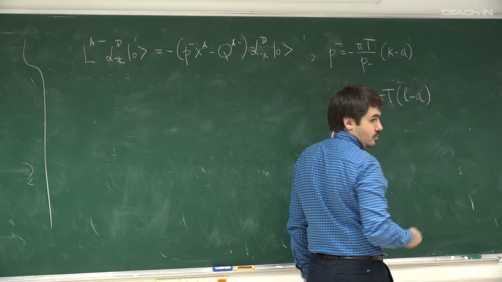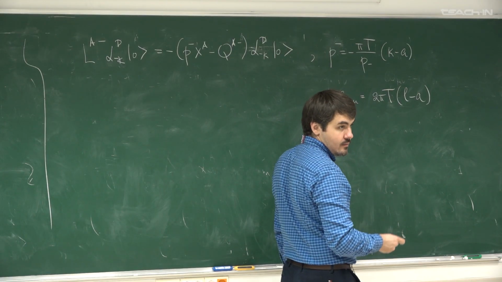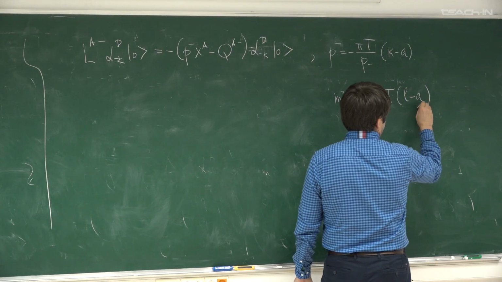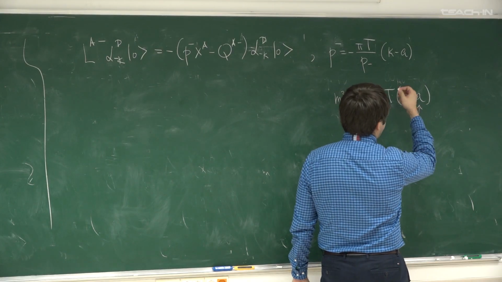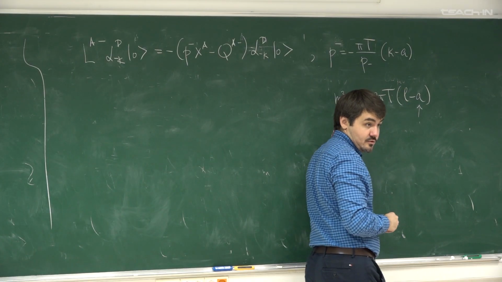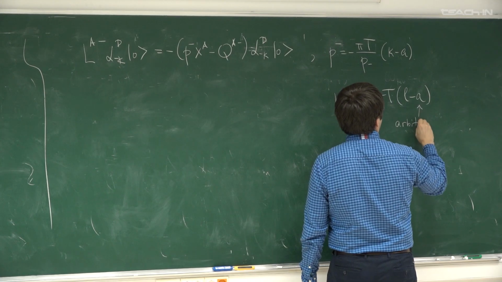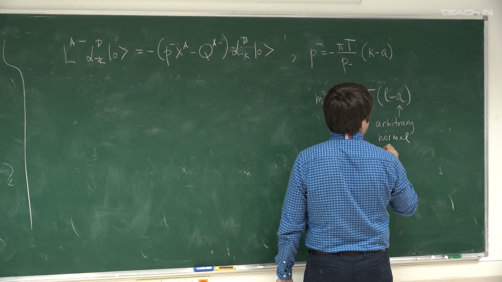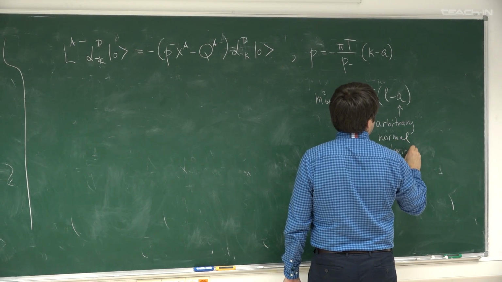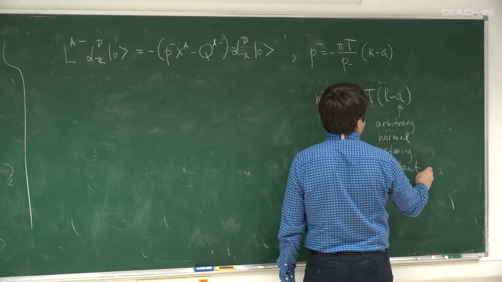Minus A is a normal ordering constant, which we calculated using zeta function of minus 1. But now let's do a more honest calculation and just set it to an arbitrary value.